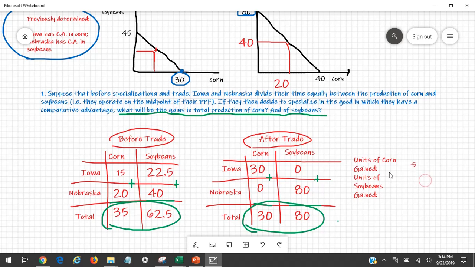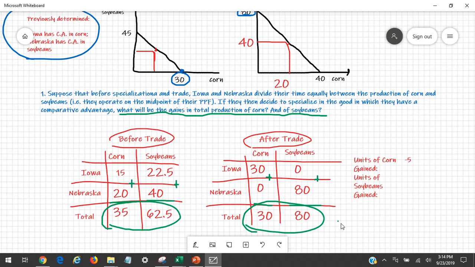That is unusual. If I ask you a question on the exam, it will always be that you gain both units of the good. But in this case, that's not what happened. Production of corn actually dropped by 5 units. I got that by just taking the 35 before trade and comparing it to the 30 after trade, or 30 minus 35 gives me -5 units of corn gained. Okay, and then looking at soybeans, this is more typical example.